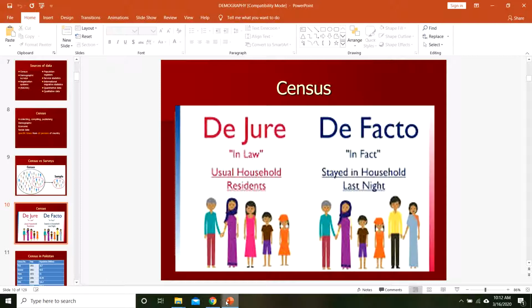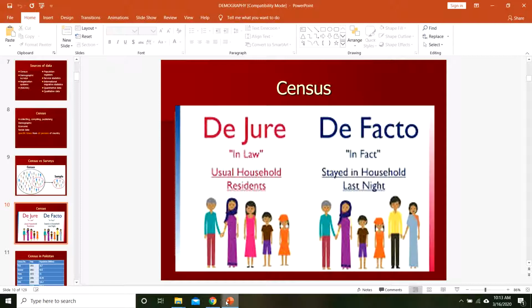In case of de facto, there is a disadvantage that it does not give the true picture of the total population of that household, because the migrant population is not counted, those who have gone for education, employment, marriage, etc. There is another disadvantage in de facto that all those who have come to that household as a guest, or only for a specific time period, are also counted. So there is misrepresentation of the total population of that household.